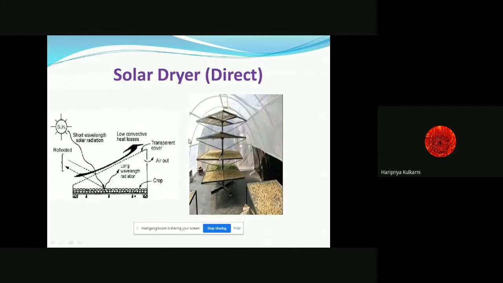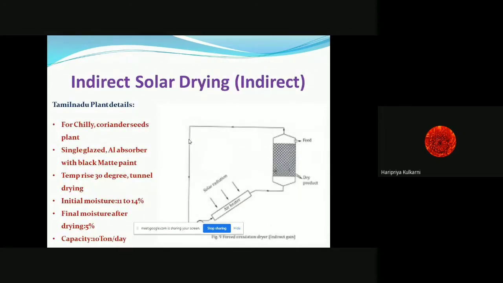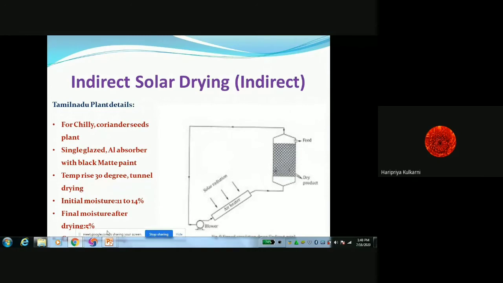Let us move to the next type, which is indirect solar drying. So, as I said, name indicates indirect. So, directly the solar radiations are not coming in contact with the material to be dried, but we are heating air here. You can see here solar radiations are falling on this transparent cover. So, there is a solar sensitive plate here, and here there is air.